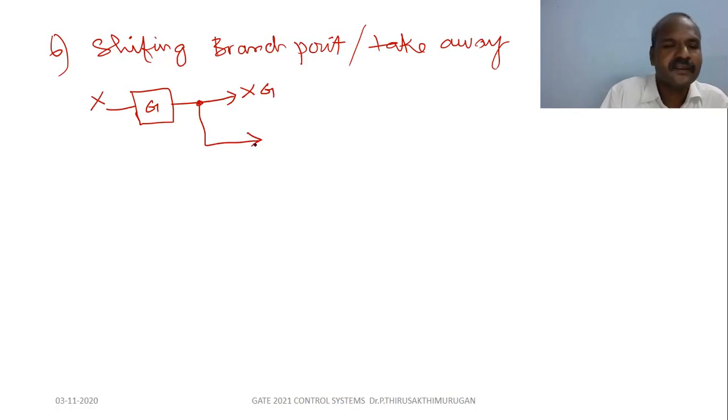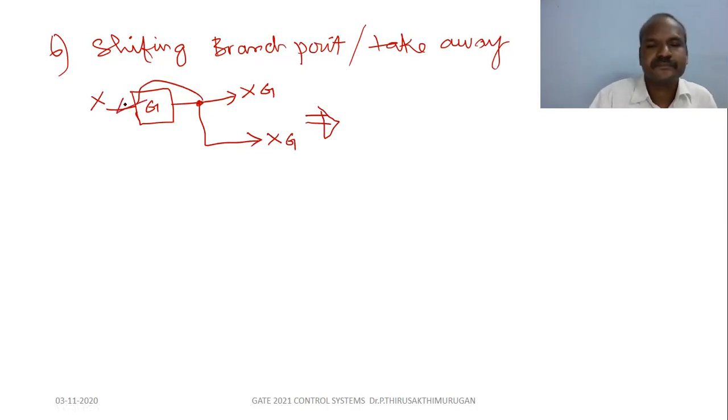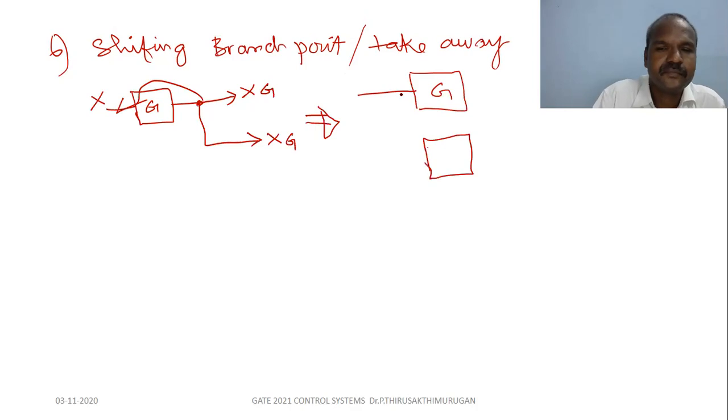This is the branch point. Whatever parameter value is available here, we are taking away the same thing. If we shift this branch point to before the block, what happened? Very simple, you can easily remember and understand the point also. I will explain. X, so X into G, XG.